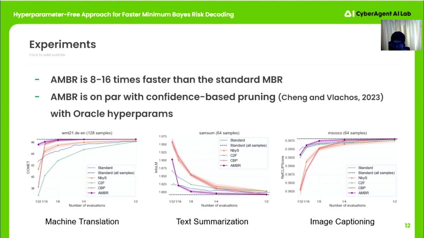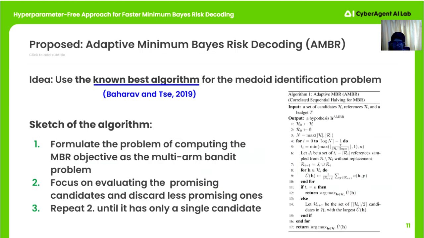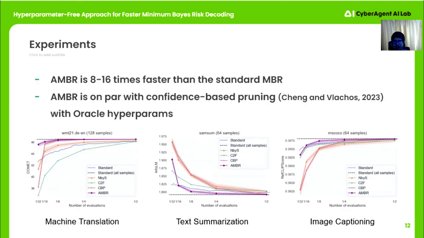So does it work on real data? Yes. AMBER, short for adaptive minimum Bayes risk decoding, is 8 to 16 times faster than the standard MBR.